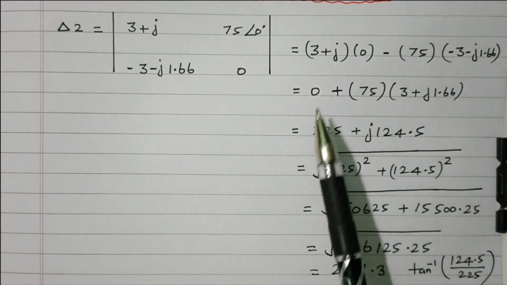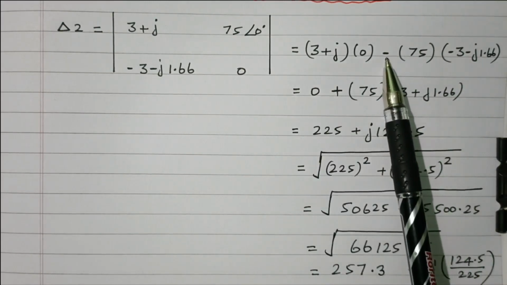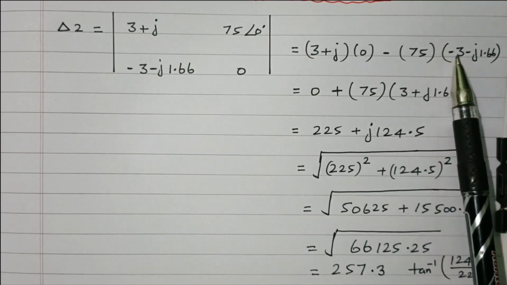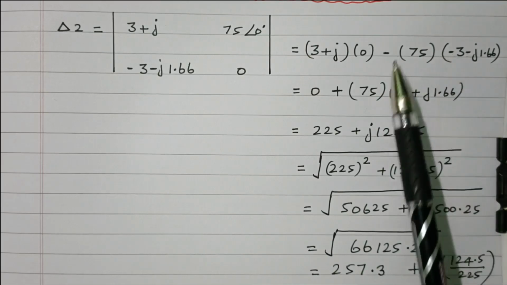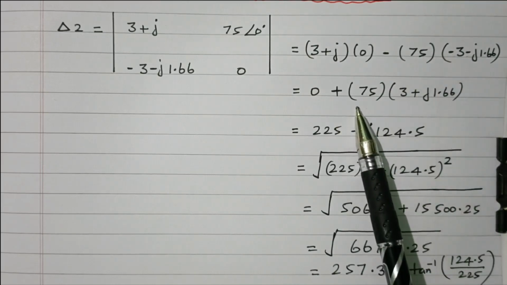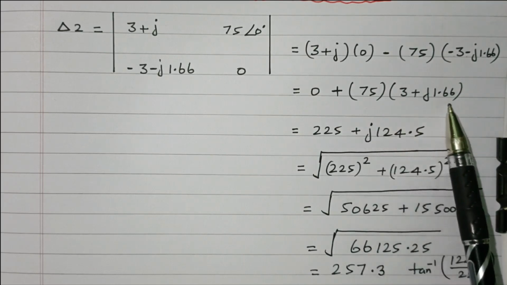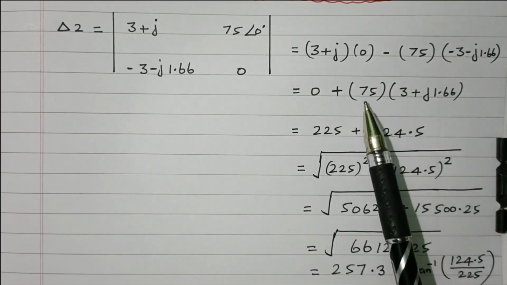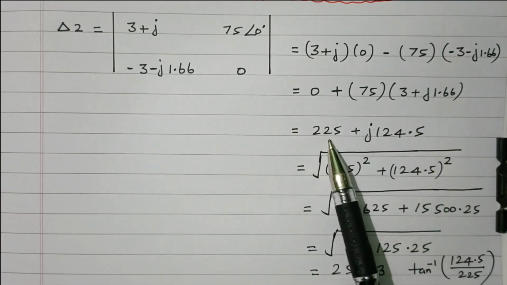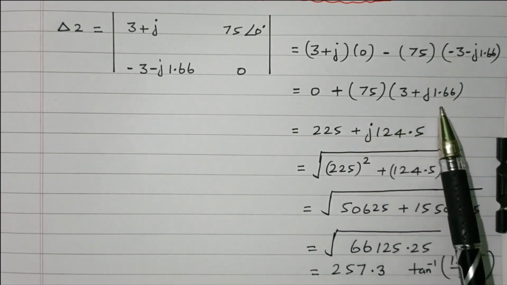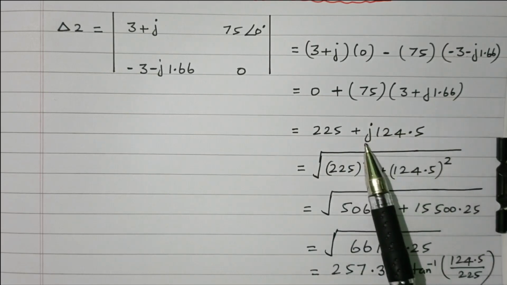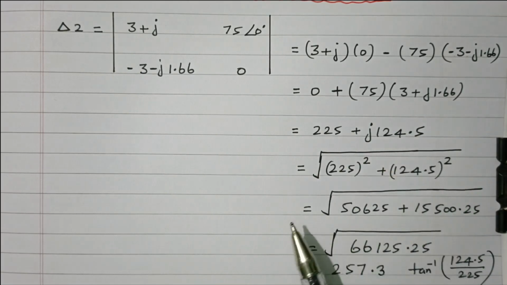Now this term is totally 0. This minus, here also minus is available, so we will take it outside, so it becomes plus. Plus 75 into 3 plus j1.66. Now multiply inside. 75 into 3, 225, plus 75 into 1.66j is j124.5.